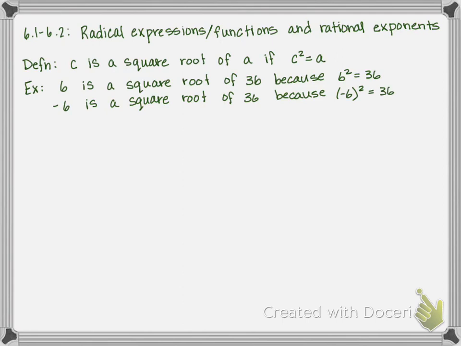So we know that squaring a number and squaring its opposite will always result in the same thing, the same positive number. So we can generalize and say every non-negative real number has 2 square roots.